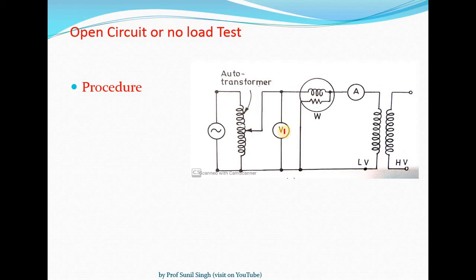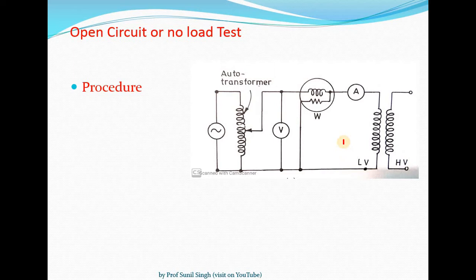The high voltage winding may have a very high voltage, and it is very difficult to measure it, because of shortage or unavailability of the equipment. So it is very easy to measure the voltage at the lower voltage side.